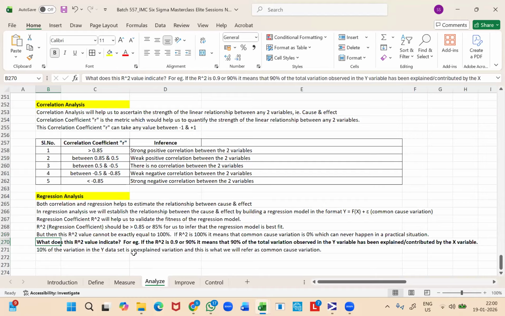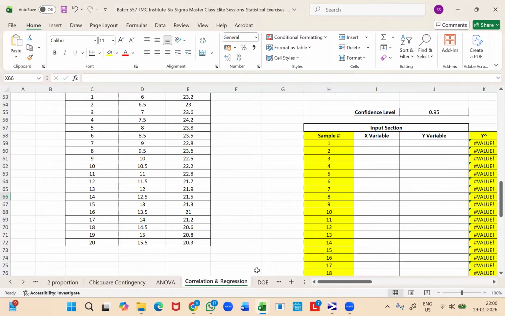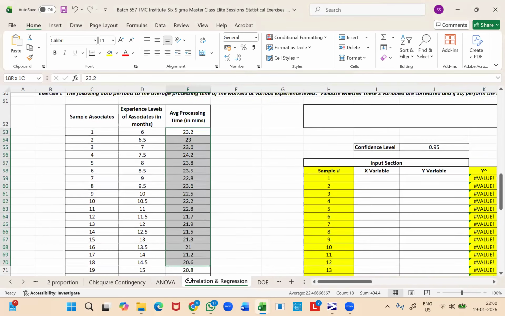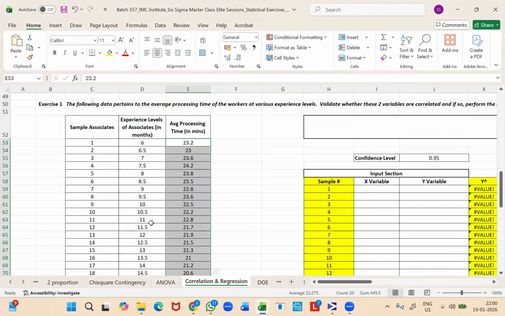Say for example, if the R square value is 0.9 or 90%, what does this actually indicate? It means that 90% of the total variation that we observe in this Y data set has been explained or contributed by the X variable.